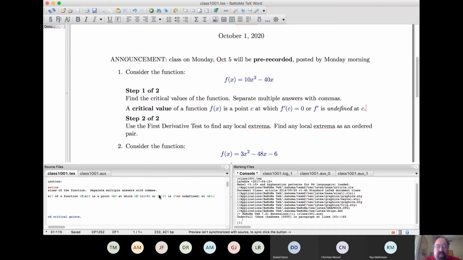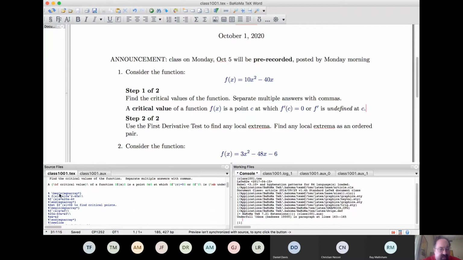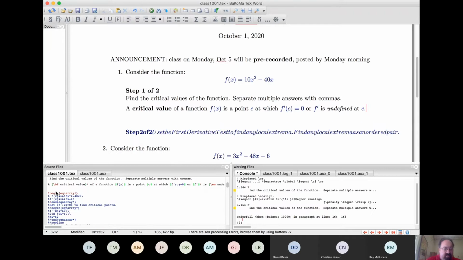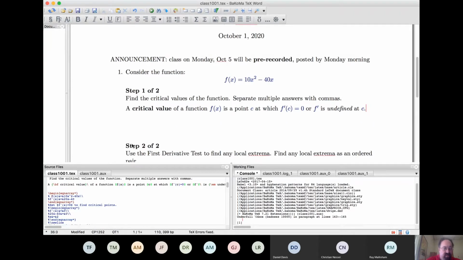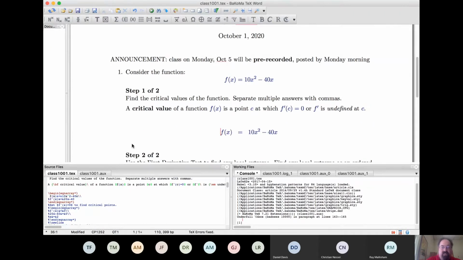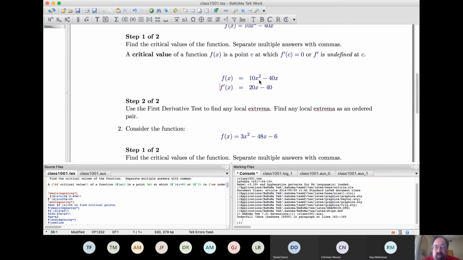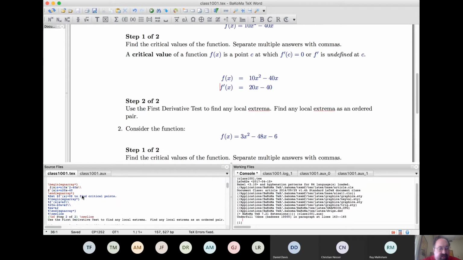Okay, so what we need to do in this case is take a derivative of this function and then set it equal to zero and solve. So first, taking a derivative, that's just using the power rule and the coefficient rule for the second term, which you should all know how to do by now.